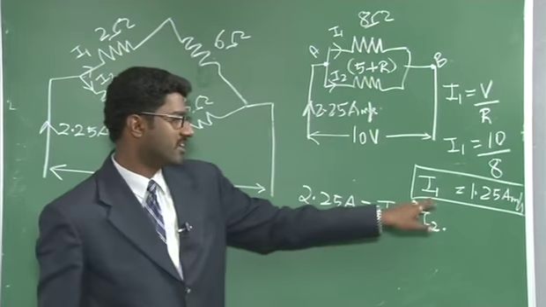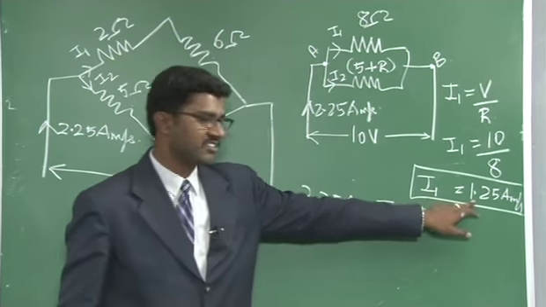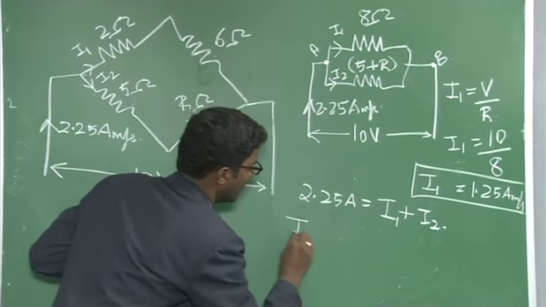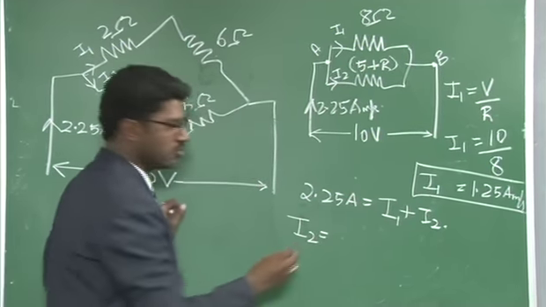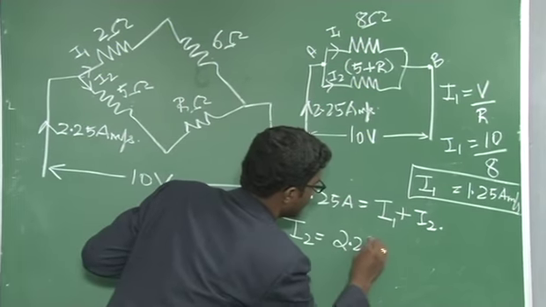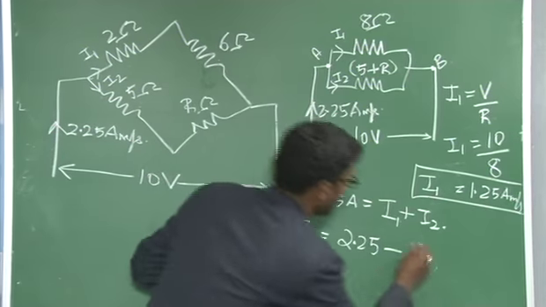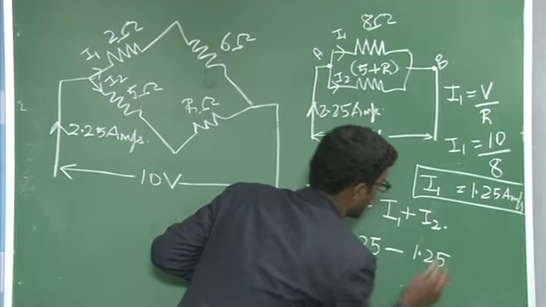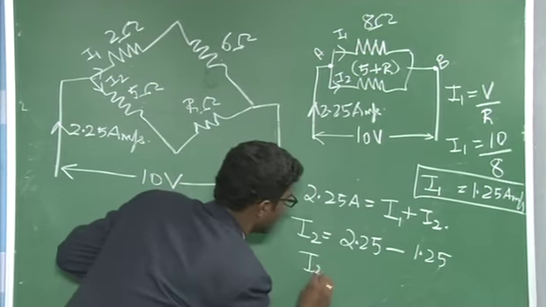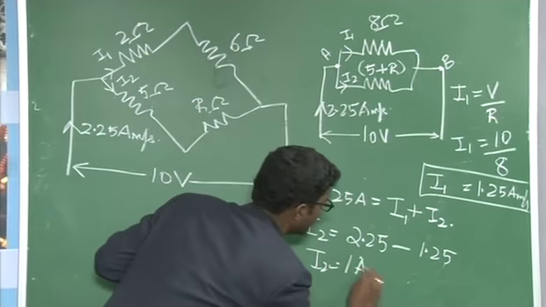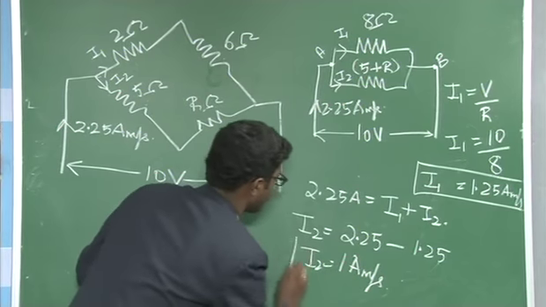We have already calculated I1 as 1.25, so I2 will be 2.25 minus 1.25, which is nothing but 1 amp.